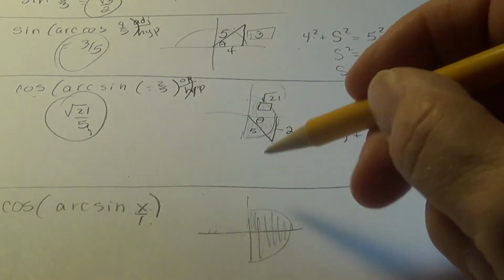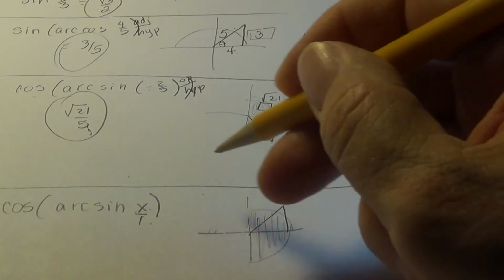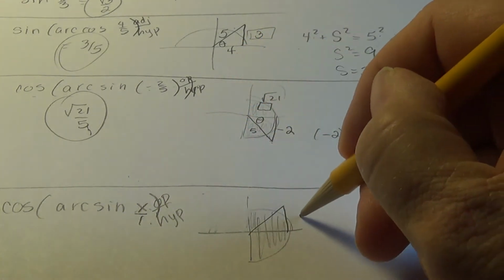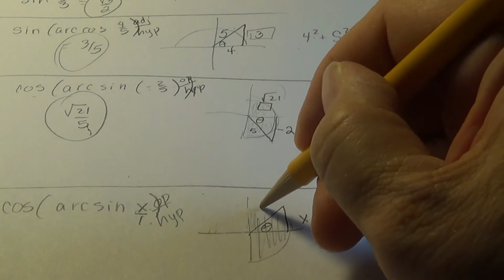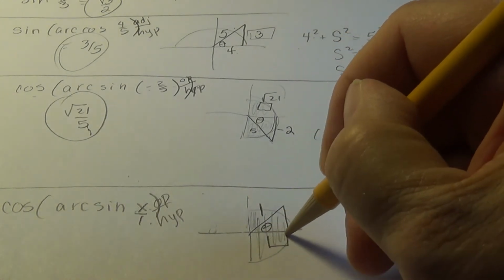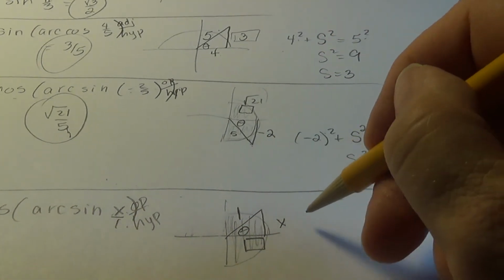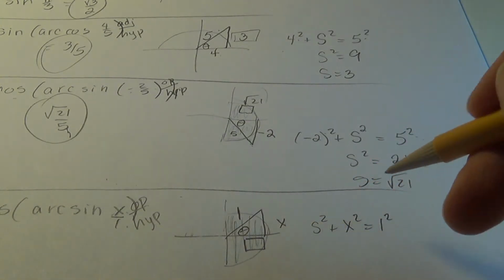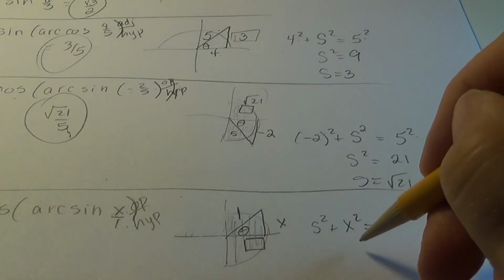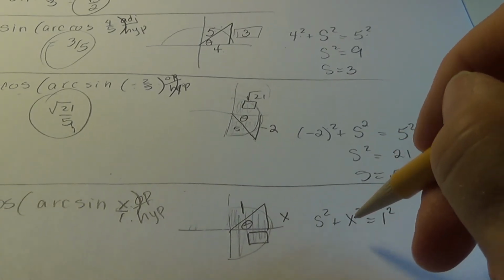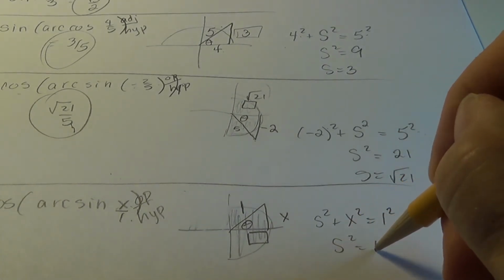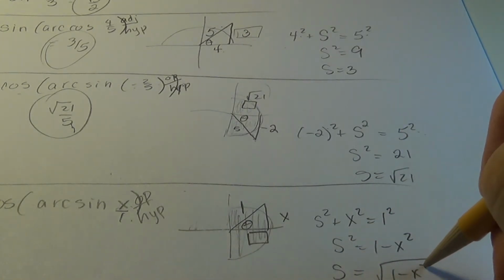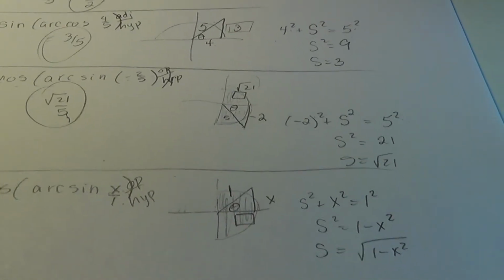It's positive, so I'll put it up here. I call the opposite side x and the hypotenuse 1. Then s squared plus x squared equals 1 squared, so s squared equals 1 minus x squared, and s is the square root of 1 minus x squared. That cannot be simplified.